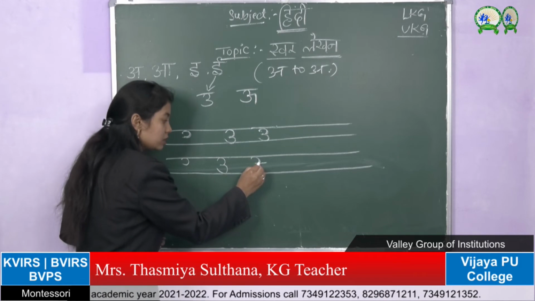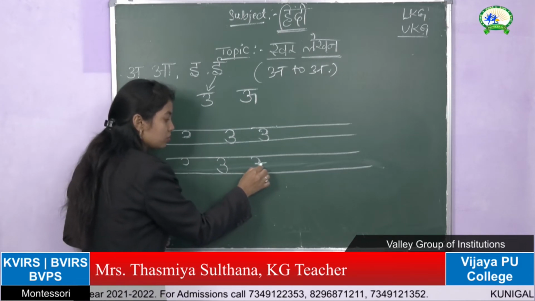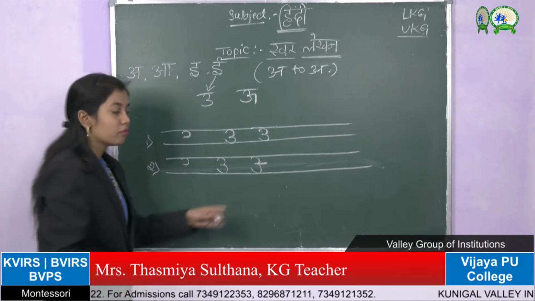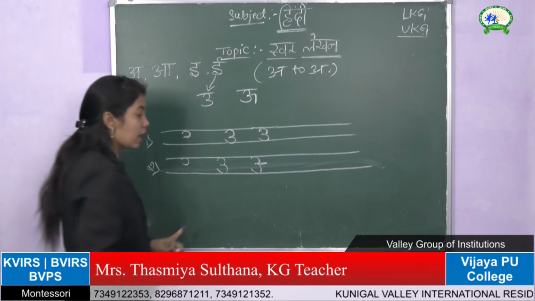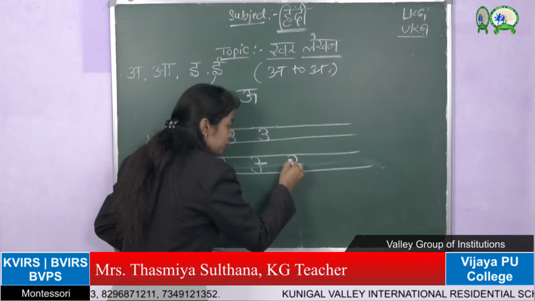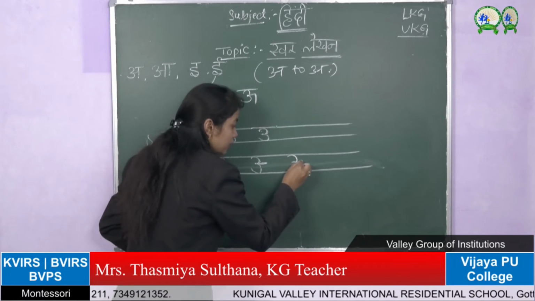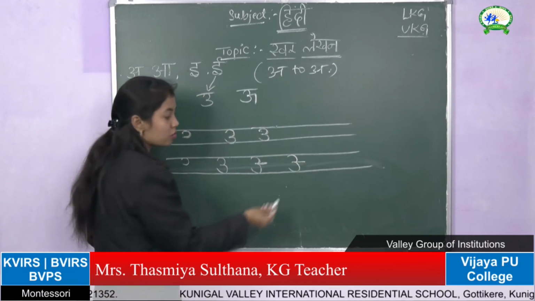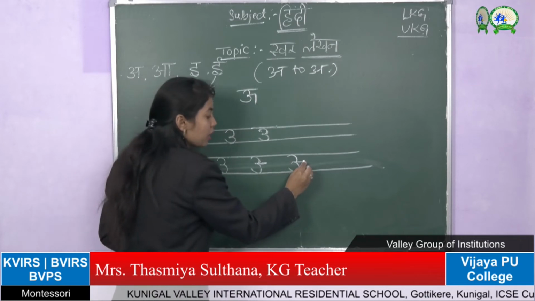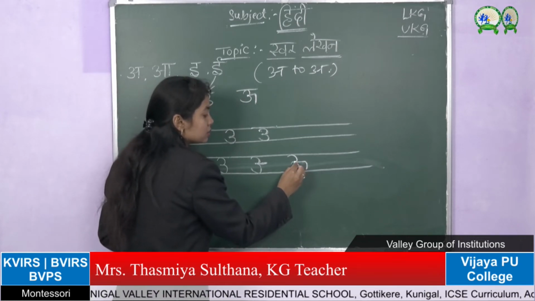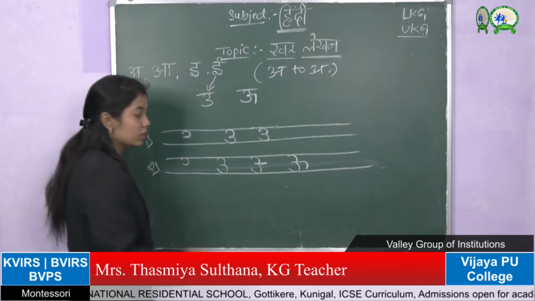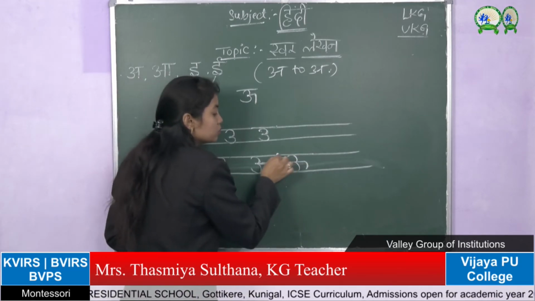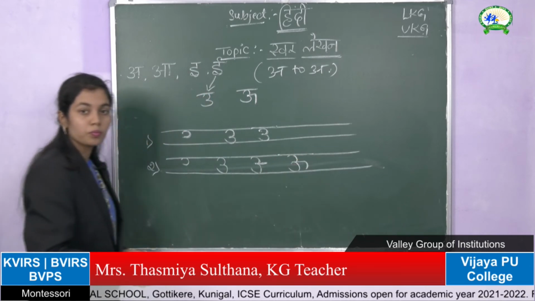And in the middle, you have to write one sleeping line. In the middle of these curves you write one sleeping line, and after writing the sleeping line you have to turn like this. Then it will become a big oo.